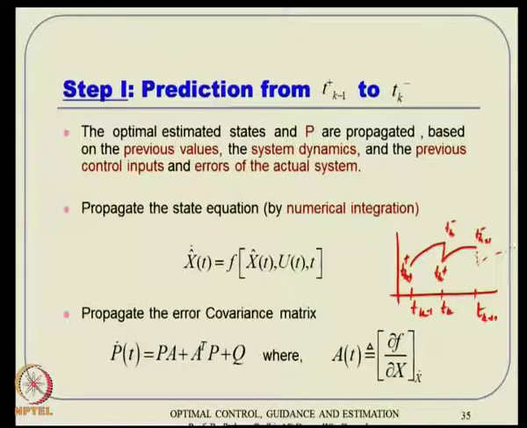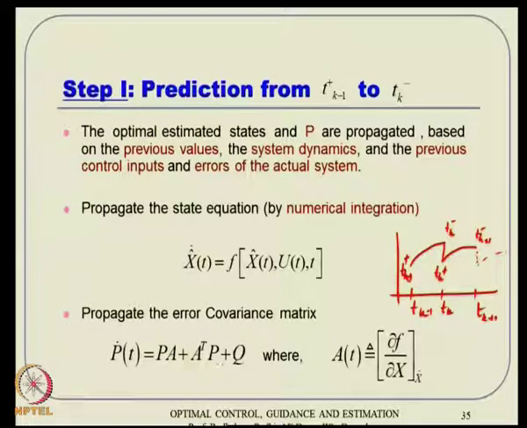So, how do you do the prediction from t k minus 1 plus to t k minus? This path that you are seeing here, how do you do that? That is done by simply propagating the state equation without noise. So, you construct a state equation without noise, and if you know this value, you can propagate to that. Along with that, you also propagate the error covariance matrix P of t this way.